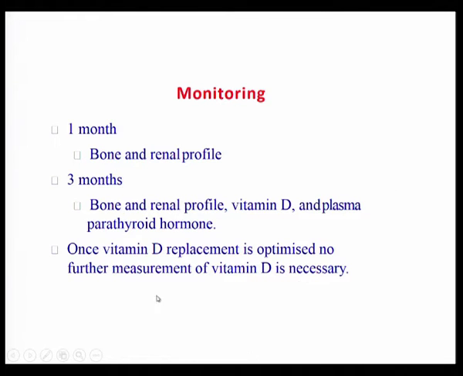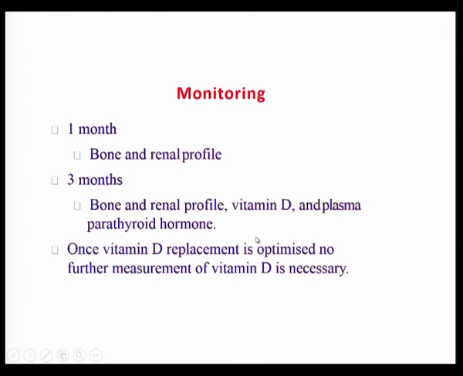So if the kidneys are not in a position to restore the cycle, that's an indication that the therapy is not really successful, and we need to look at ways of improving the supplementation dosage, or look into other complications associated with prolonged or long term vitamin D deficiency.